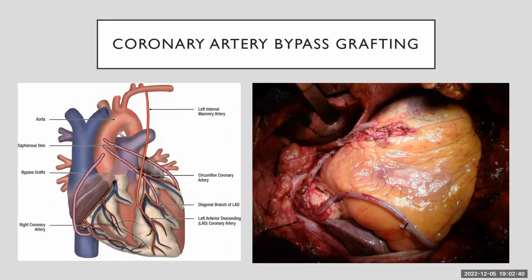So for patients undergoing coronary artery bypass grafting, these are typically patients who have the risk factors for coronary artery disease: smoking, diabetes, hypertension, and obesity.